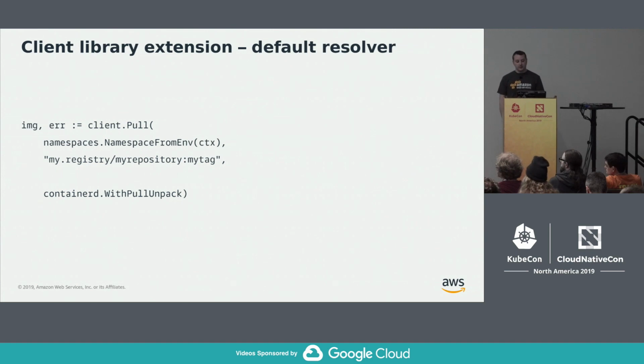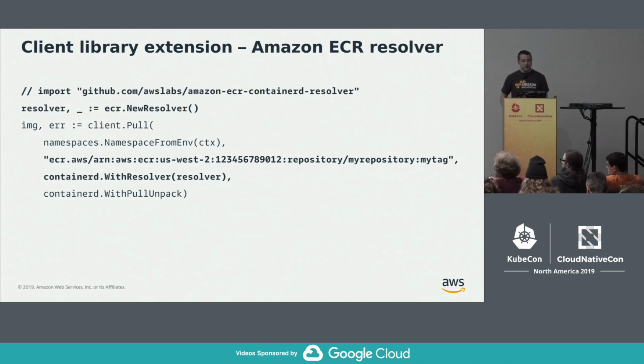So this is the default interaction to pull an image using the client library. This uses the default resolver, which is the thing that knows how to talk to the Docker registry. You can see here that it's fairly simple. It's just calling a pull function and passing the image and a couple of options that go along with it. To use a different resolver, like the one that we wrote for ECR, your call looks very similar.